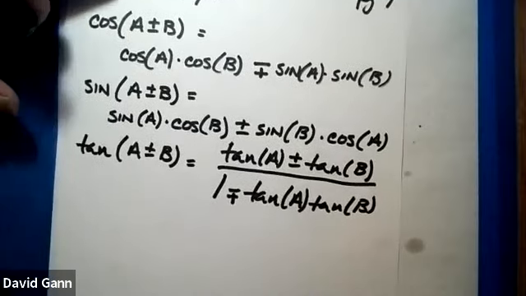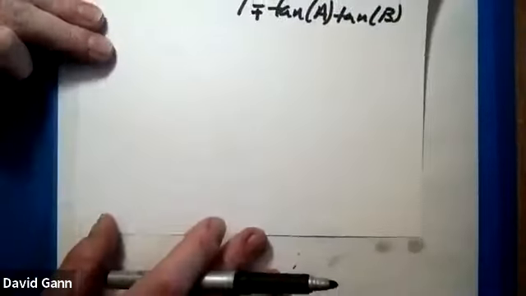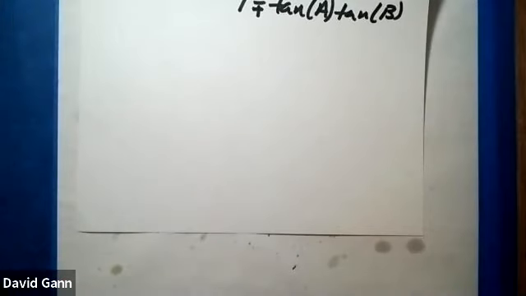Okay, so I want to try to use this in a particular aspect. I want to do a really simple observation here. You remember how I said a long time ago that the cofunction identities are a special case of these identities?